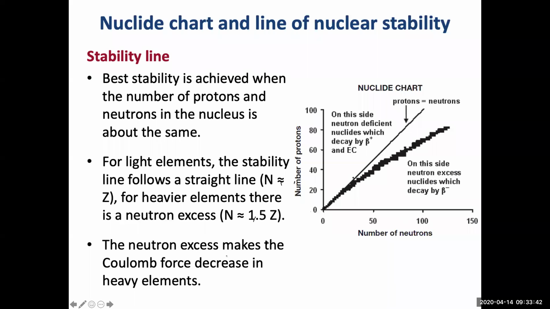The neutron excess makes the Coulomb forces decrease in heavy elements. That's why we have more neutrons. More neutrons are needed to hold together a larger number of protons, because in heavy elements we have more protons, more Coulomb forces, more repulsive forces. That's why we need more neutrons to overcome these Coulomb forces and get more nuclear forces.